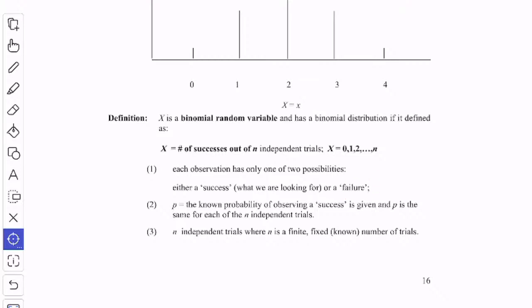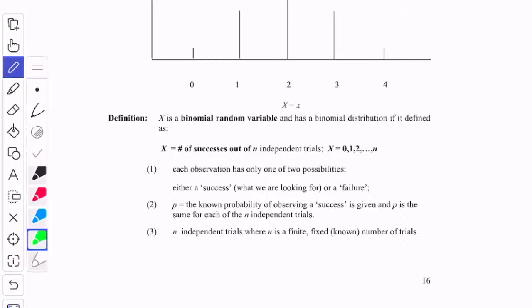Okay? So in our example of flipping a coin, each time we look for a tail. Tail would be a success, and a head would be a failure, because there's only two possibilities. So you've got to be clear that there's only two possibilities. So those are the key things. Two possibilities for each observation.